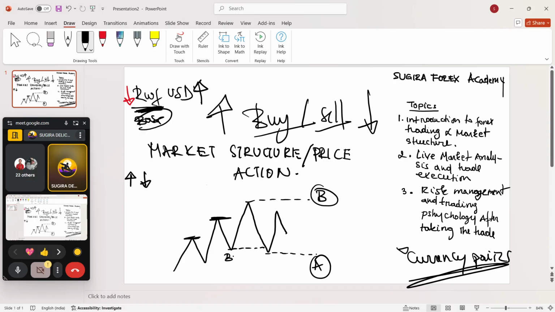The market broke the character right here because it failed to target this level, but now it has targeted the lowest point. To simply mean that the market is now targeting the lower lows. You can see the market is going to target A because it has started breaking the lowest point, so the market is going to keep pushing to the downside.